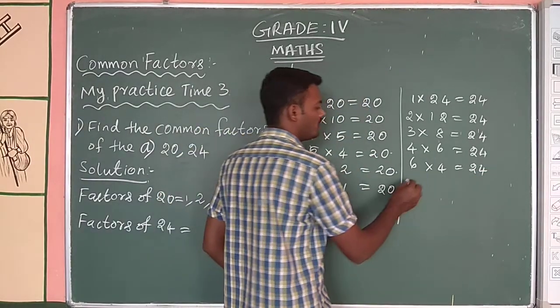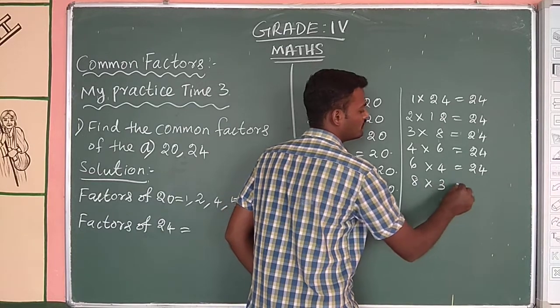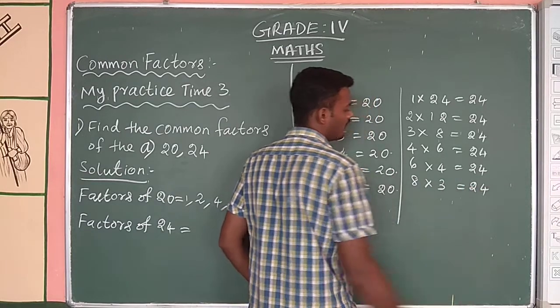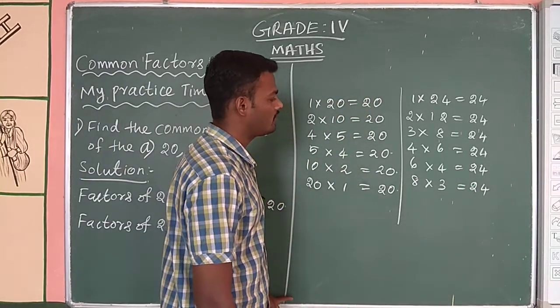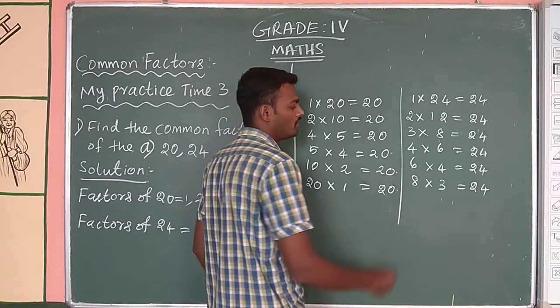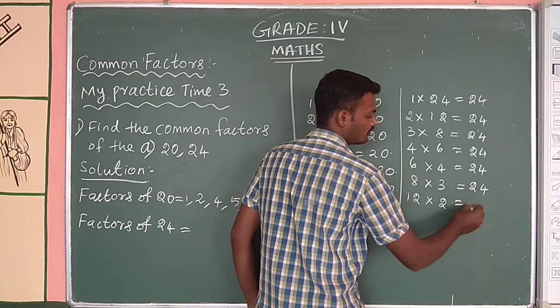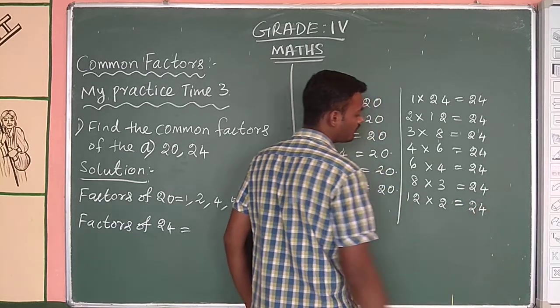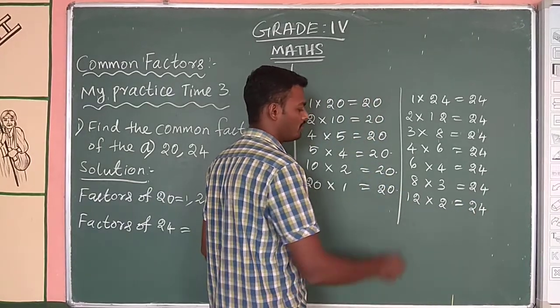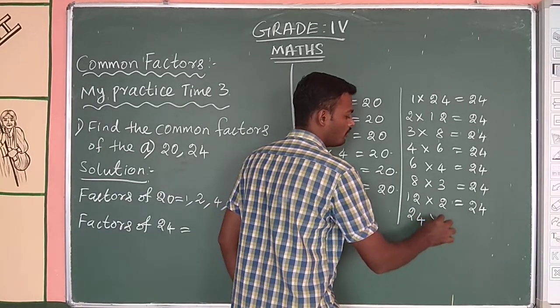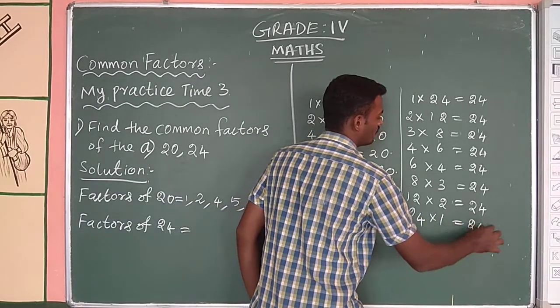Eighth table, 8 3s are 24. Ninth table, 10th table, 11th table also do not come. And 12th table, 12 2s are 24. Next one, 24th table, 24 1s are 24.